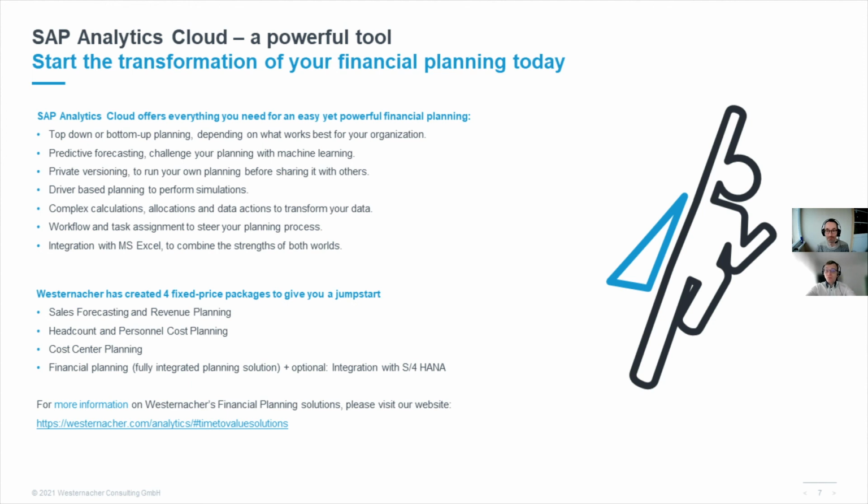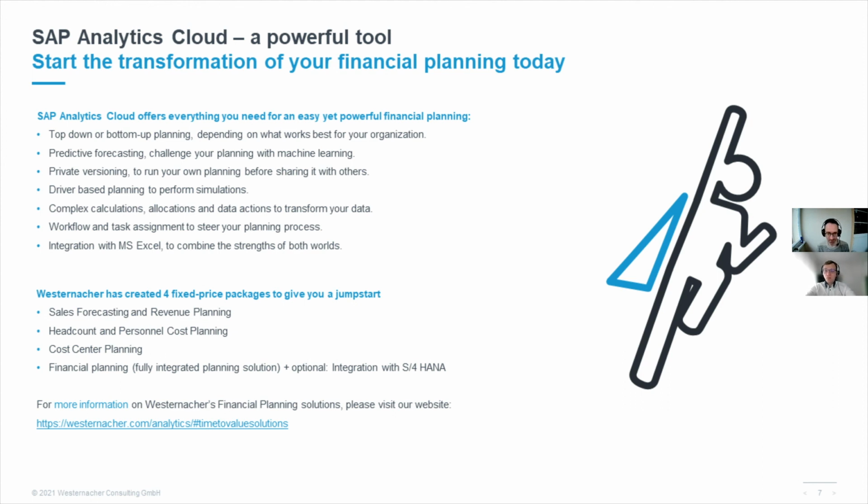What I've shown also to you before is headcount and personal cost planning. Also here we can offer our best practices, how to set this up in SAP Analytics Cloud. You can go even a step further and have a full cost center planning, focusing on OPEX planning, CAPEX planning, internal orders planning, using the built-in allocation engine in SAP Analytics Cloud.